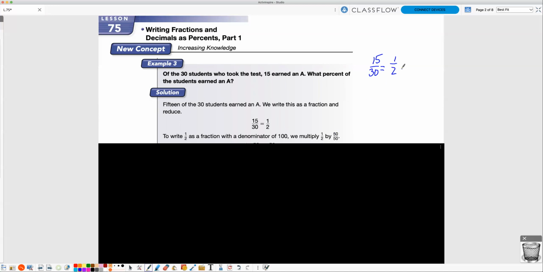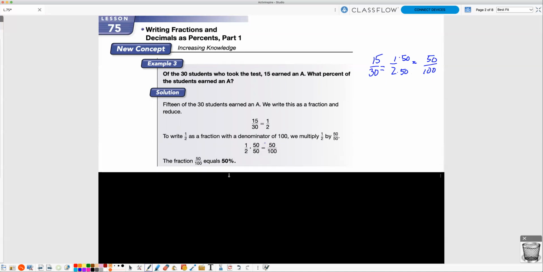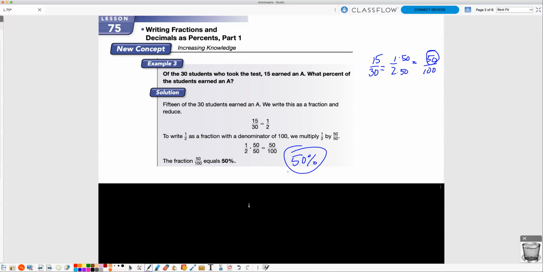We can multiply this times 50 and this times 50 to get an equivalent fraction with a denominator of 100. Once you've got that denominator of 100, you know that 50 is the numerator, and that's the percentage. So 15 out of 30 is the same as 50% of the people who took the test earned A's.